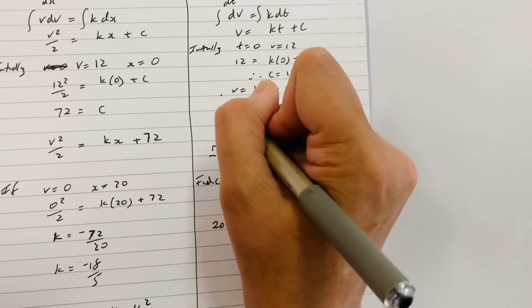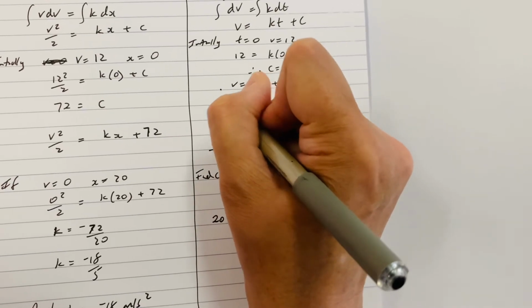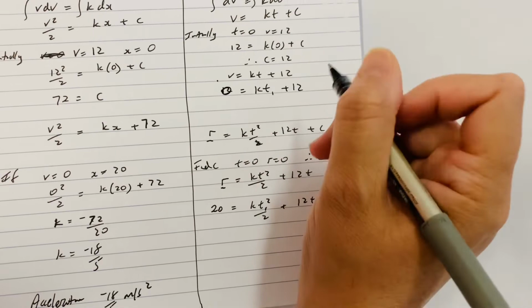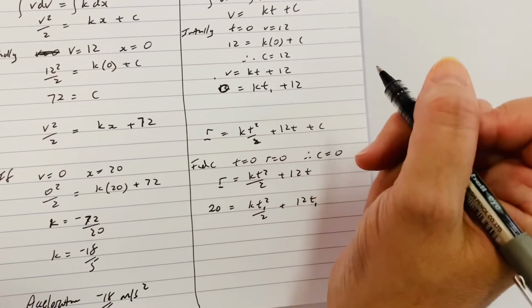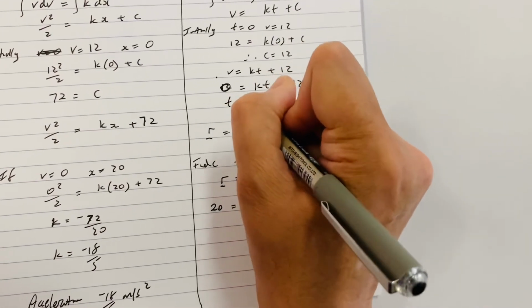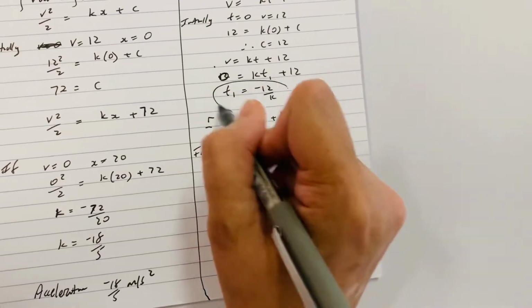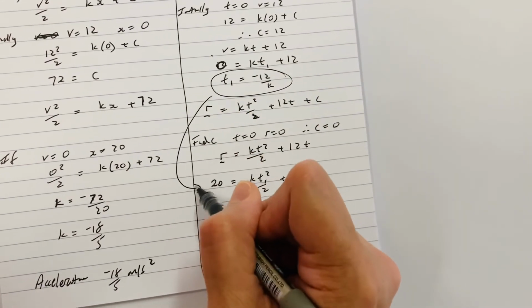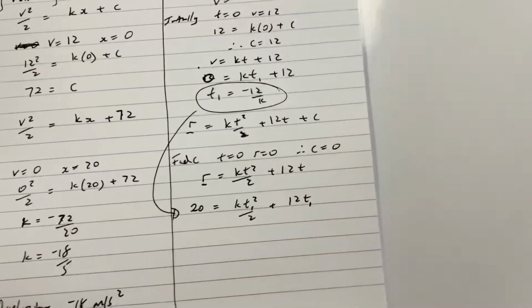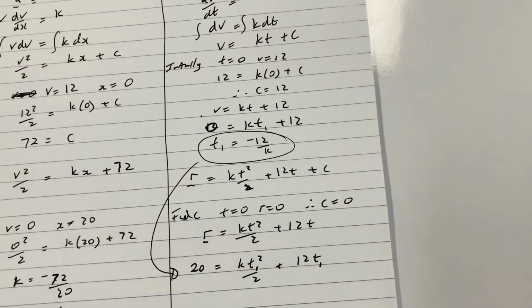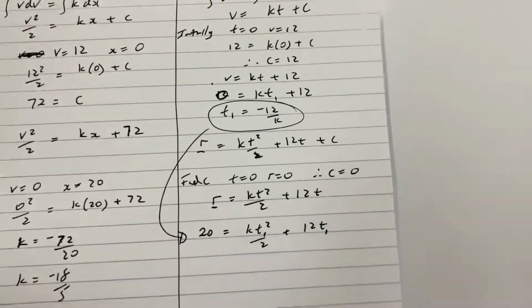When v is 0, kt1 plus 12 equals 0, then I get t1 is negative 12 on k. And I'm going to substitute that in down here. t1 just indicates that that's that particular time when the velocity is 0 and the distance is 20.